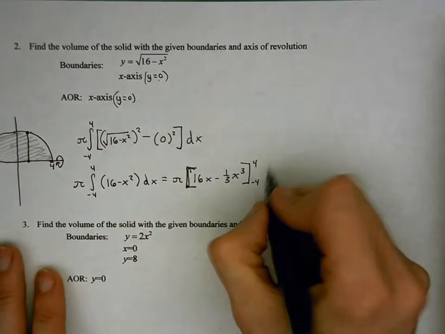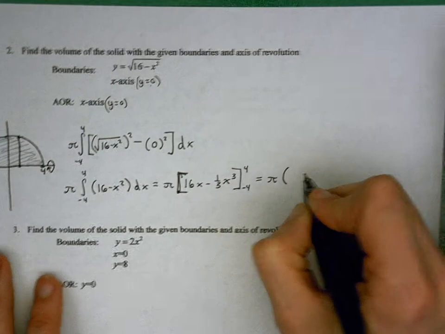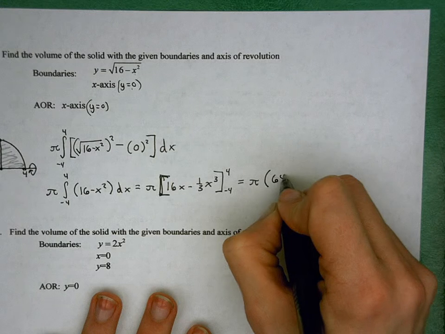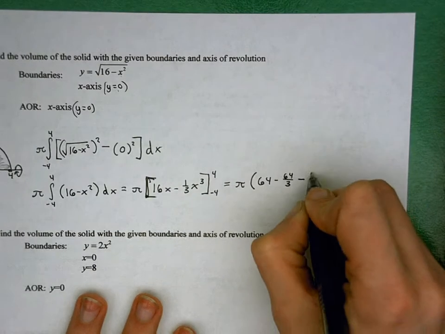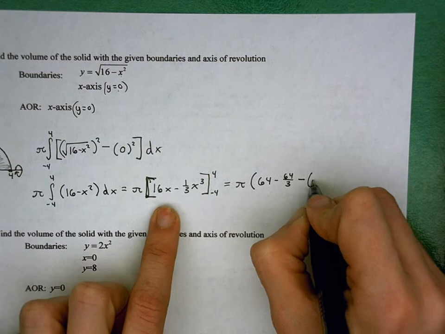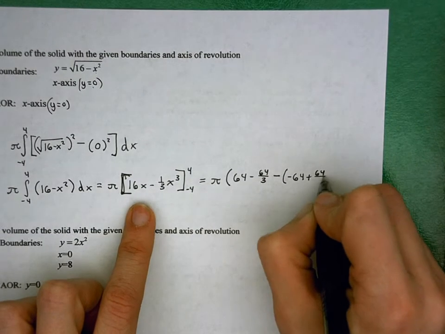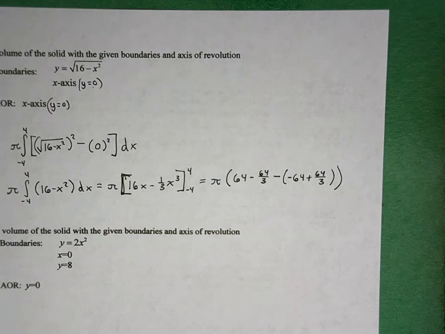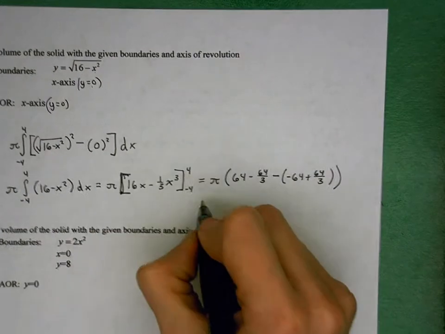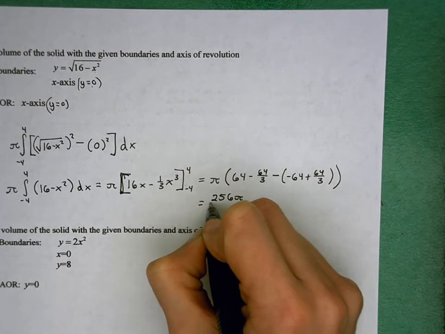And so we get pi, 16 times 4 is 64, minus 64 over 3, minus our, plug in -4, negative 64, plus 64 over 3, which all of that, when you solve, should give us 256 pi over 3.